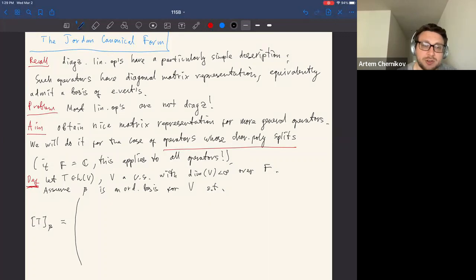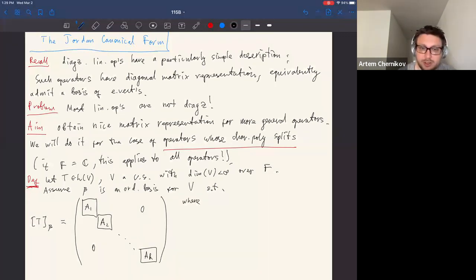It's a block matrix. It consists of square blocks on the diagonal, which we will write as A1, A2, etc., up to AK, and we have zeros everywhere outside of the blocks on the diagonal.